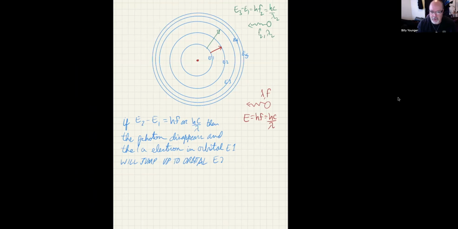Now, when electrons jump up, then photons are being absorbed.